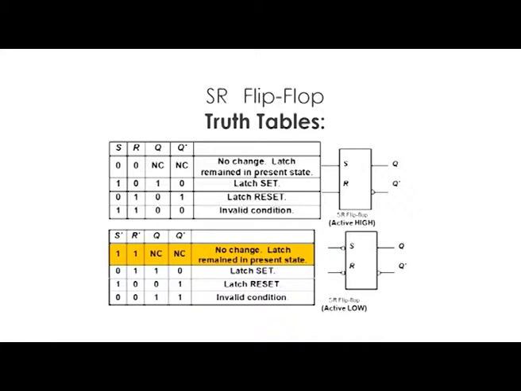Now, coming back to the other types of inputs, suppose the two inputs are given 0 and 1 respectively, that is, S is made 0 and R is made 1. You get the Q output as 1 and Q complement as 0. At this condition, we say that the latch is set, the SR flip flop is set.